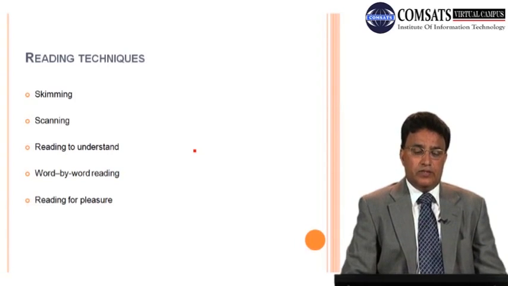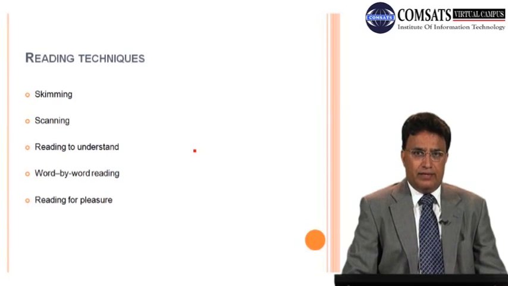The next type of reading is word by word reading. Word by word reading is when the text is hard, but every word you think is important. So it would be critical reading, using all your reading skills and trying to understand it, interpret it, because you think you might be using it for your own argument, and this is the most important information in those words.